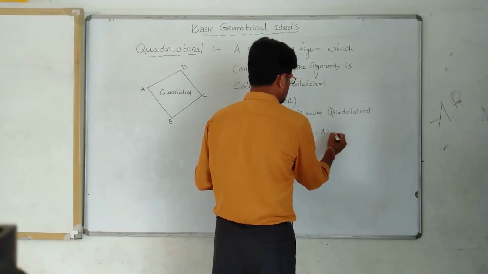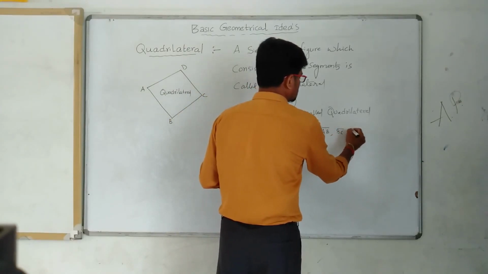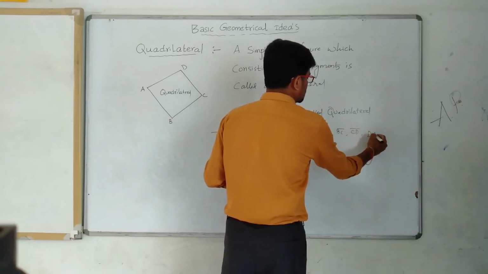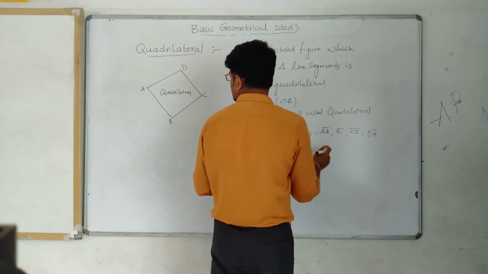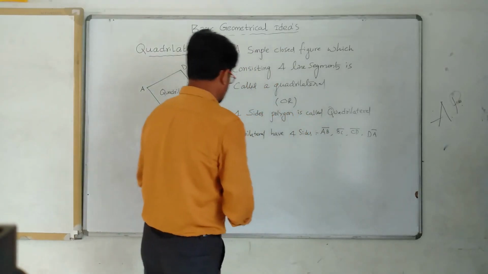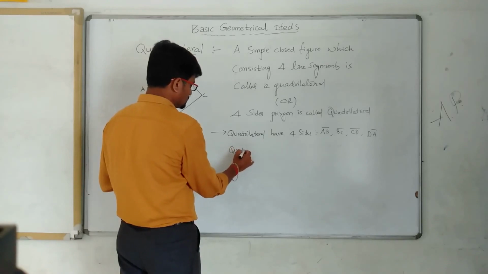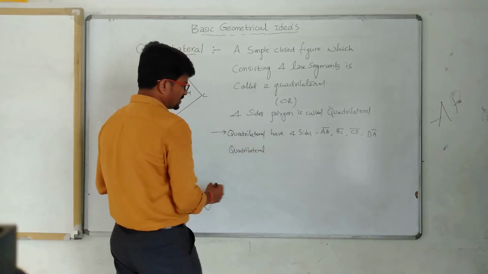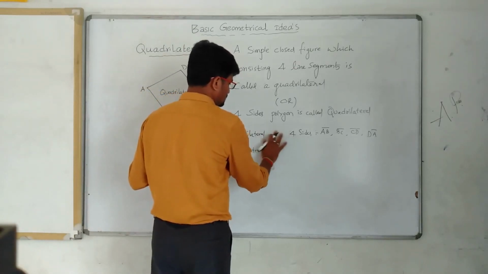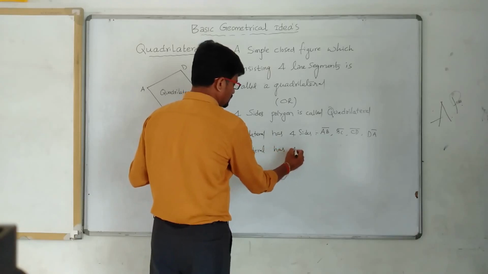AB, BC, CD, DA. And a quadrilateral has four angles.